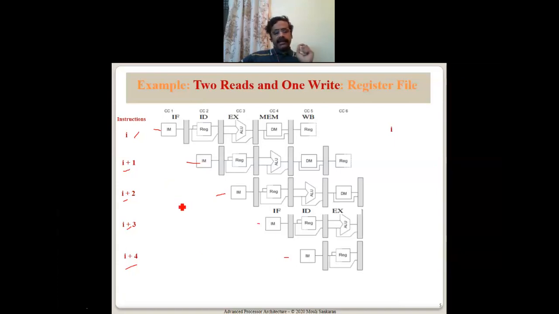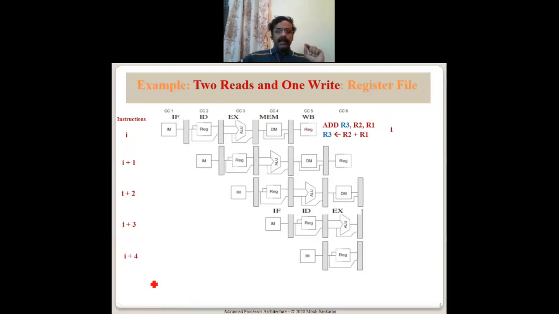Every cycle one enters, and they go through instruction fetch, instruction decode, execute stage, memory operations, and write back. So let me show you the same add instruction coming in. You know what would have happened when it goes through it.